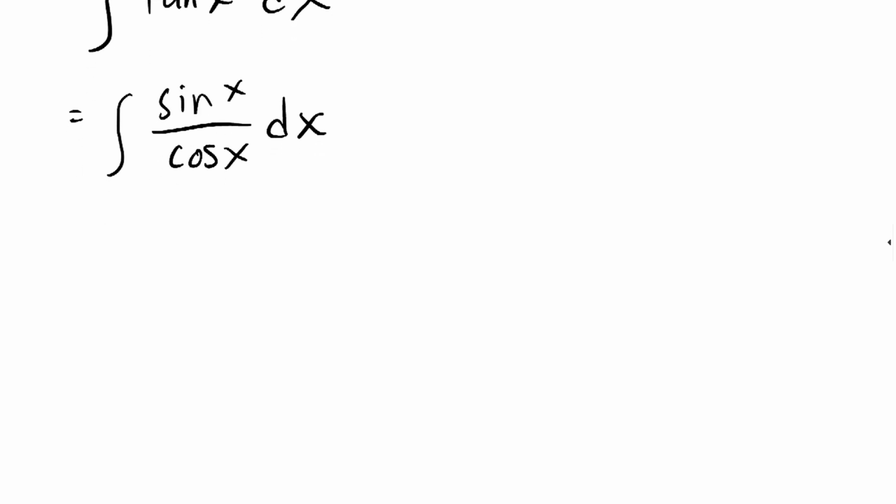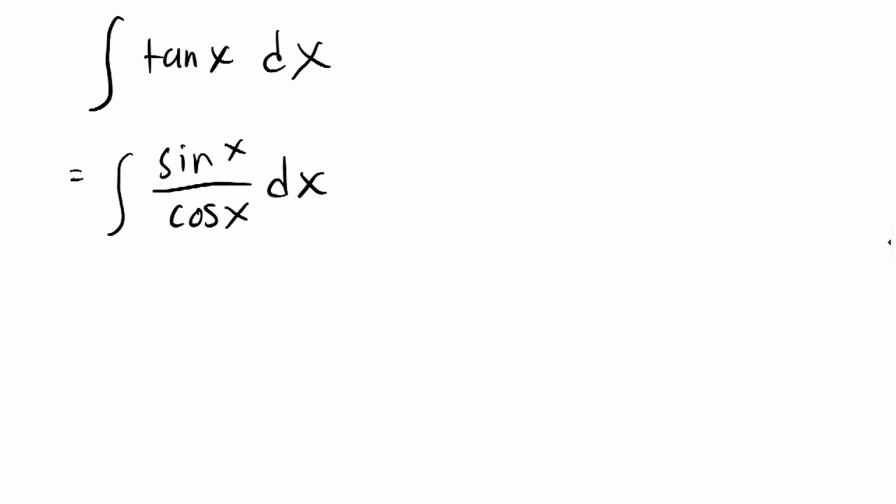Now, what are we going to let u equal? Those of you who think we're going to let u equal sine x are unfortunately incorrect, and we'll see why. If we let u equal sine x, our du is just cosine x dx.